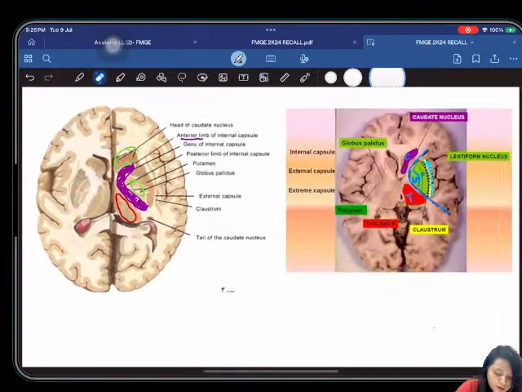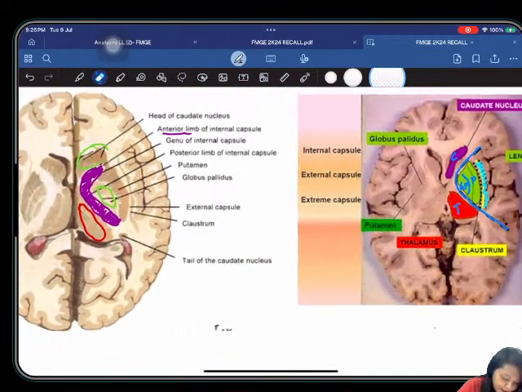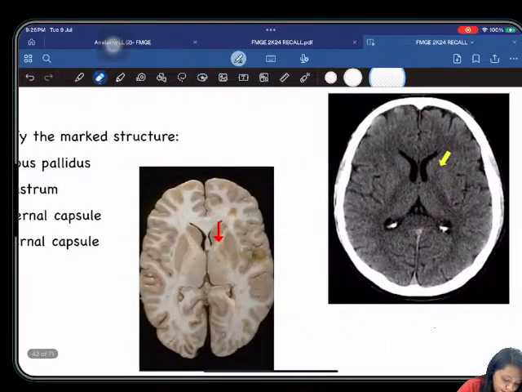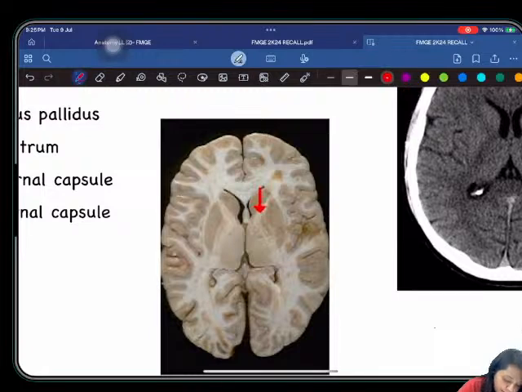So most probably the question came on the specimen. I hope it came on a specimen, and if they have marked this as such, you know that this is the internal capsule. You have the anterior limb, the posterior limb, and the genu.